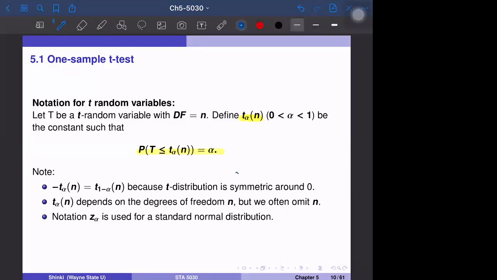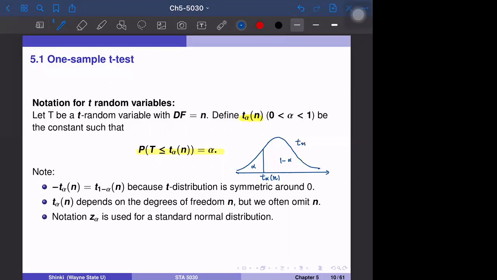So that means if we have area alpha in the T distribution, here is 1 minus alpha, and then we define this point as T sub alpha of n.